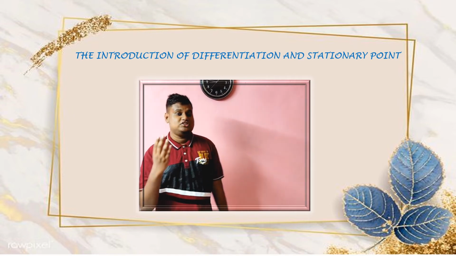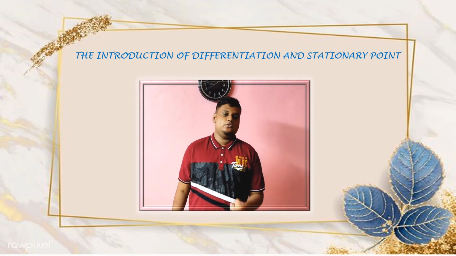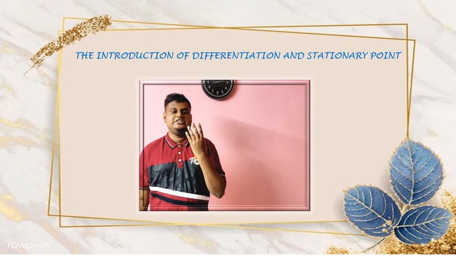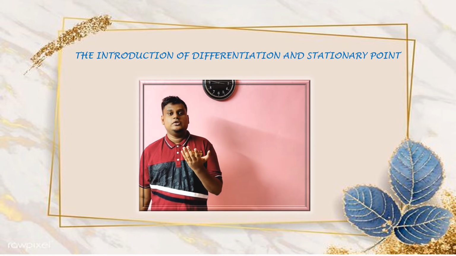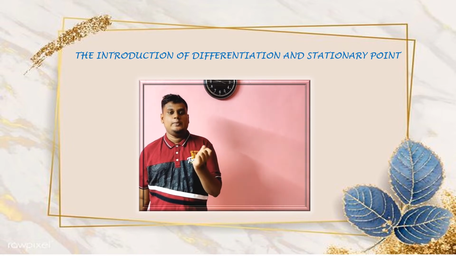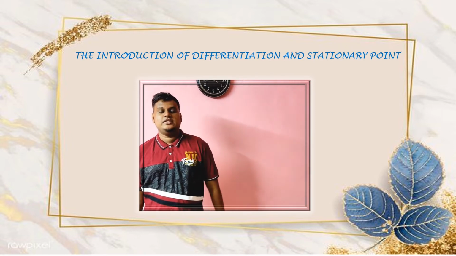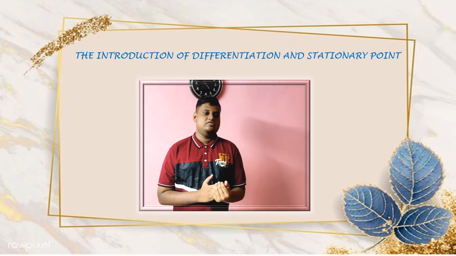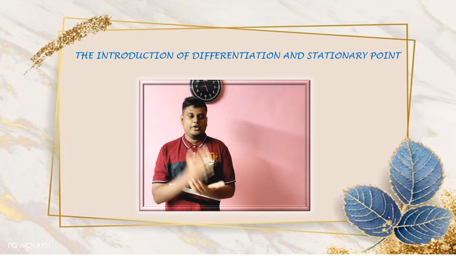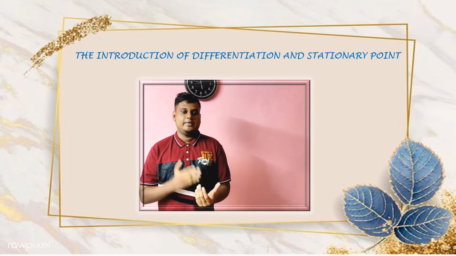The fourth step is we need to know the x-intercept and y-intercept. The final step is we sketch the graph. From the graph, we must plot the maximum point, minimum point, or some others.